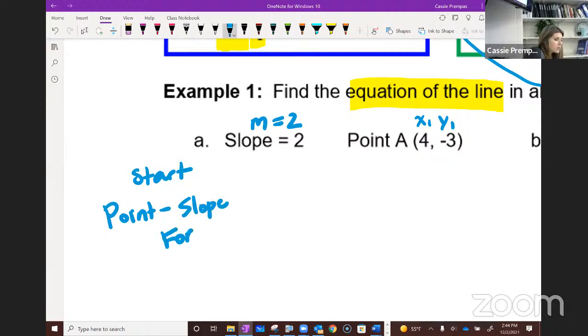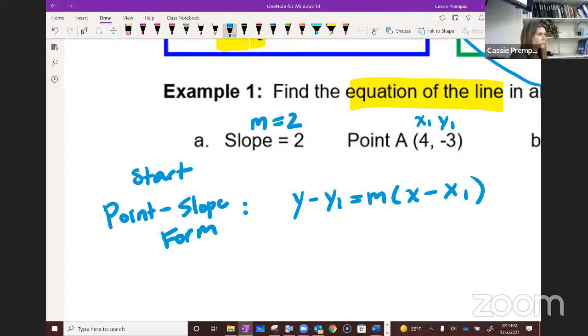If you've never seen point slope form in your past math background, or if it's very foggy to you, keep writing it in your homework until you definitely have it committed to memory. This is what it looks like. Y minus y1 equals m times quantity x minus x1. After you wrote it, see if you can fill in the pieces.